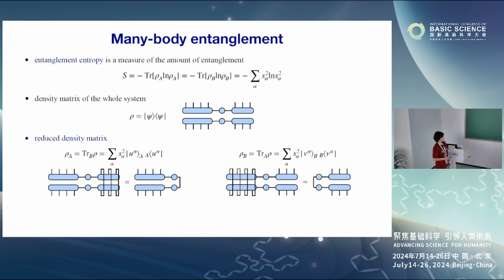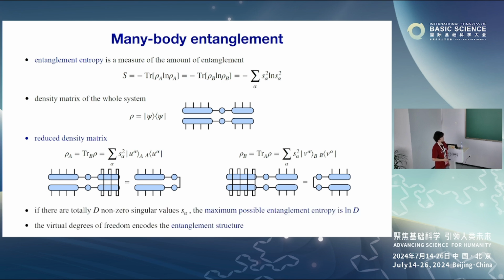We can see that the distribution of these singular values is very important because it shows how large the entanglement is. Suppose all the singular values are equal, then we can have the maximum possible entanglement entropy, which is log D, where D is the total number of singular values. This is the maximum possible entanglement entropy.